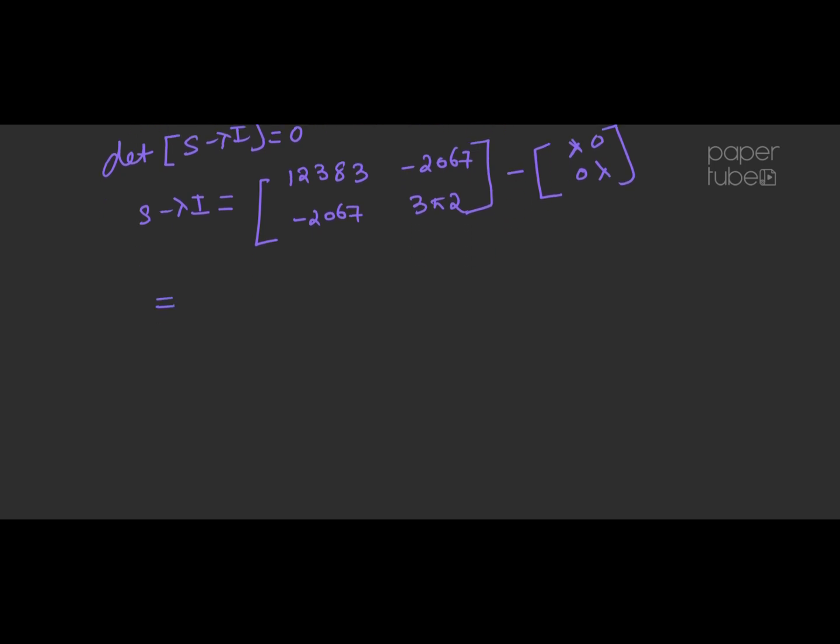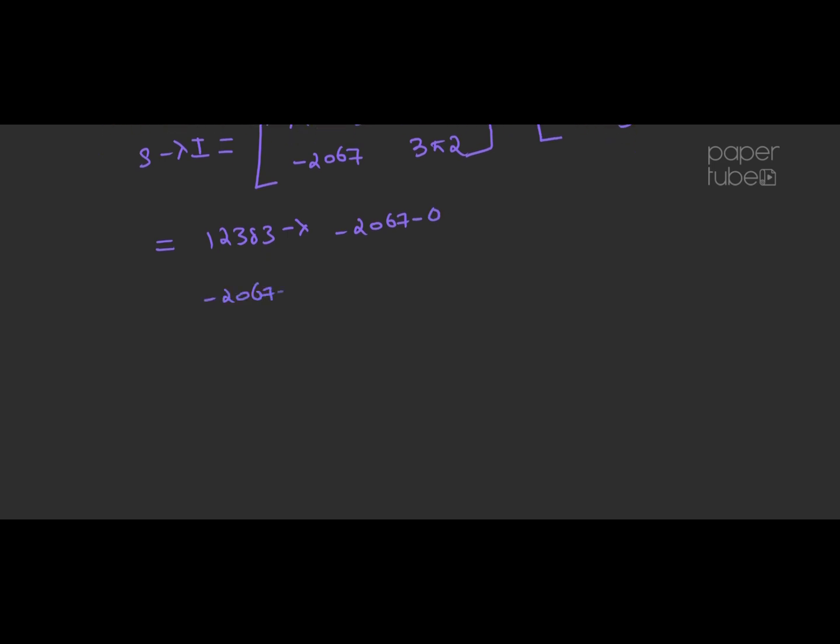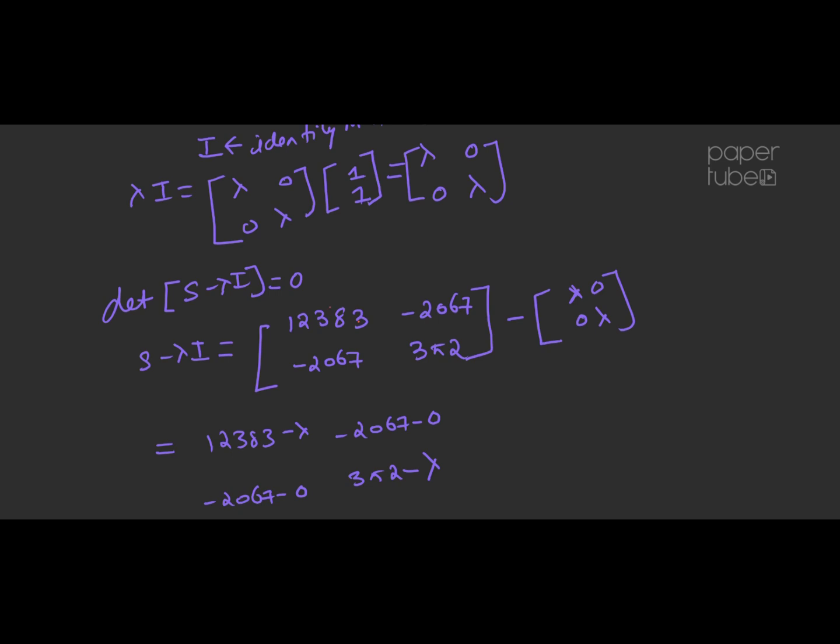So you need to apply the matrix rule when you subtract. So 12383 minus lambda, minus 2067 minus 0, minus 2067 minus 0, and 352 minus lambda. So this rule comes from the matrices. So all you need is to subtract the first element with lambda, second element with 0, and then minus 2067 minus 0, and then 352 minus lambda.